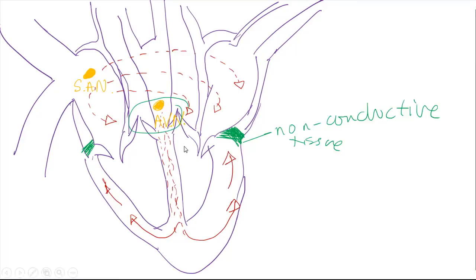And this is what results in the ventricular systole. With this design, as you can see, atrial systole is always going to happen before ventricular systole can happen. The two cannot happen at the same time.